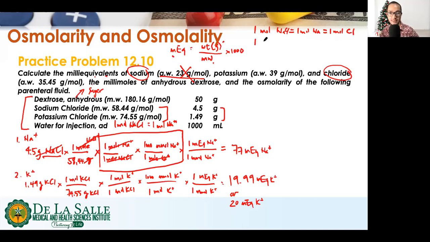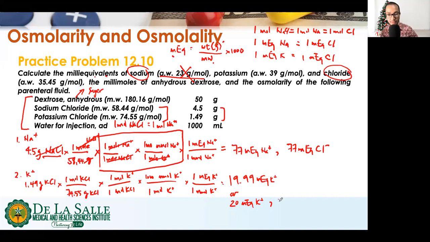So, 1 MEQ of sodium will also be equal to 1 MEQ of chloride. Meaning, in your 4.5 grams of sodium chloride, you have 77 MEQ of sodium and 77 MEQ of chloride ion as well. The same is true for your potassium. 1 MEQ of potassium is the same as 1 MEQ of chloride.